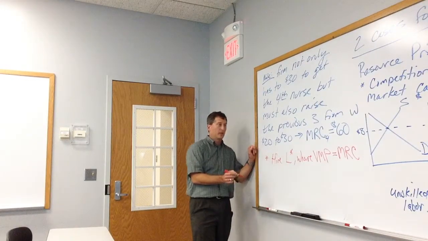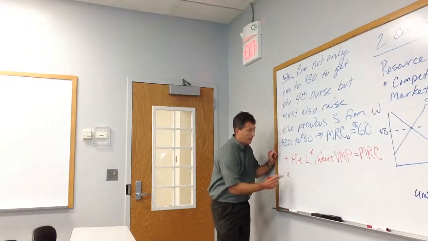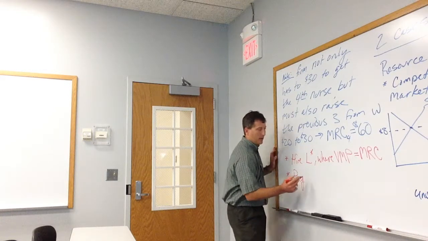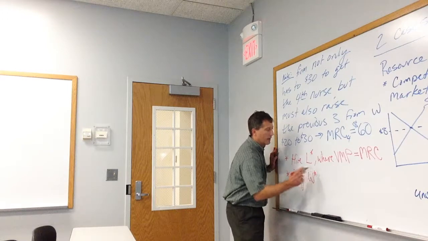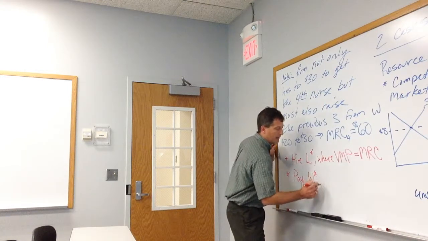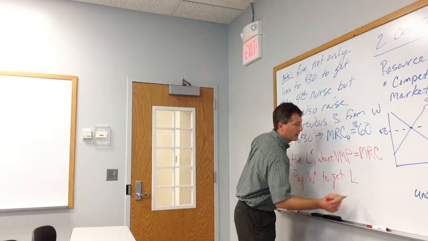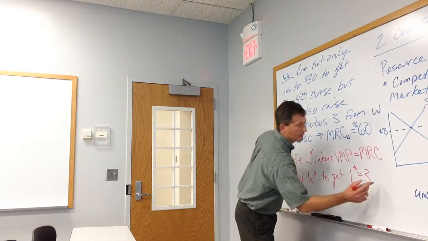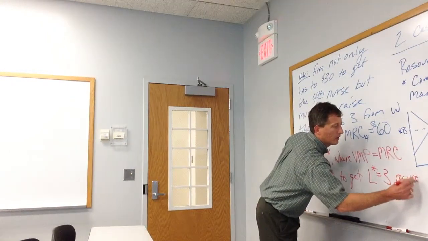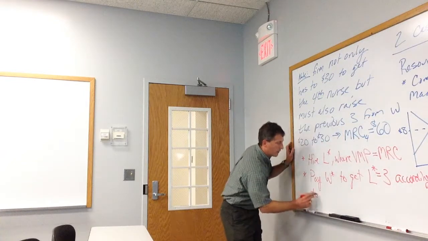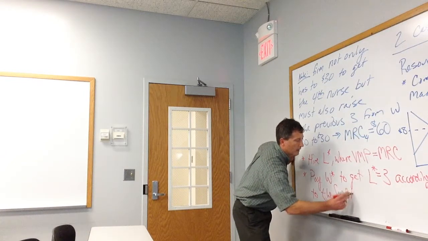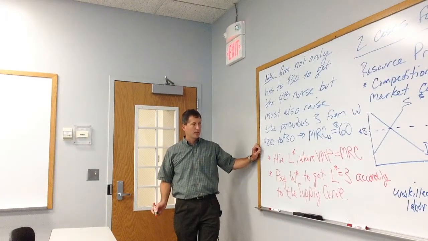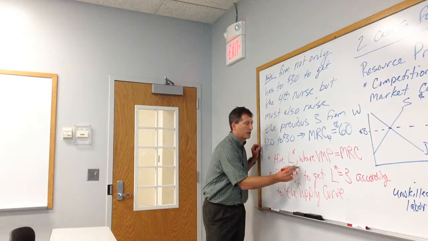Hire that amount of people, pay W star to get L star equal to 3 workers according to the supply curve, which is just putting into words what we did with that picture. And that gives us a wage of 20.